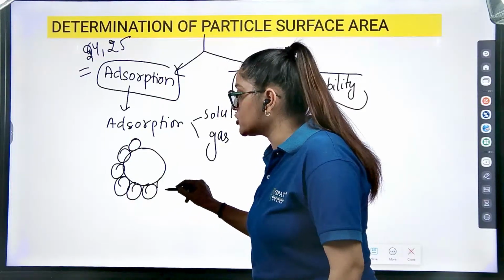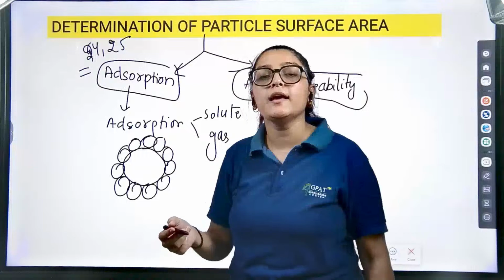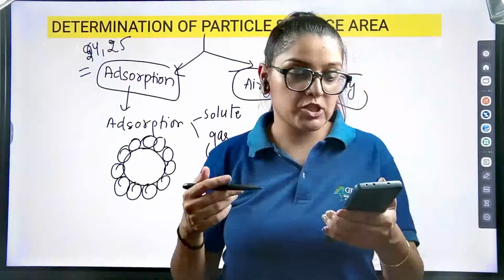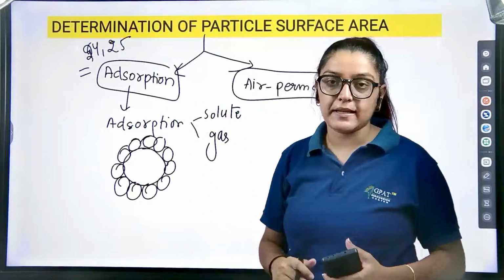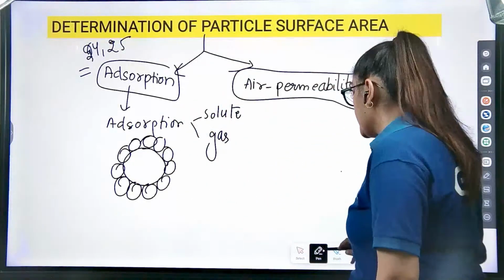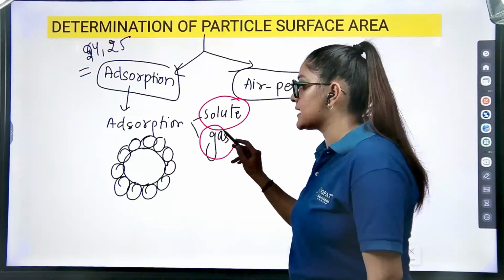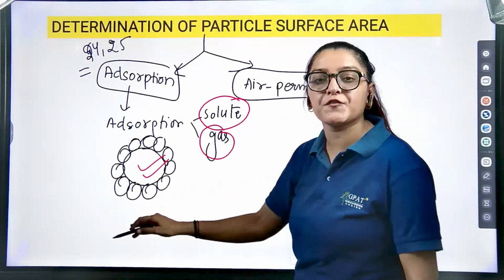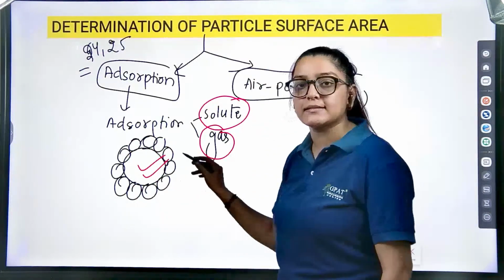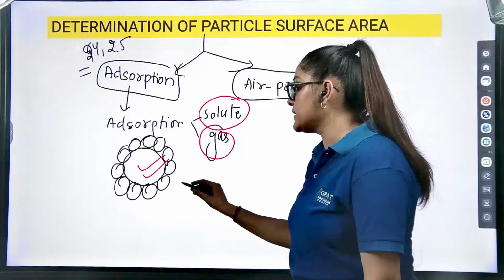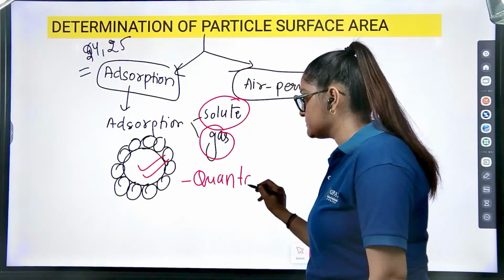Now, the amount of the solute or gas that is adsorbed can be counted, and from that equation you can get the correct answer for the surface area. But for now, remember, for the adsorption method, the solute or gas is adsorbed over the surface of the particle. Once the solute or gas is adsorbed, this can be done using an instrument named QuantaSorb.